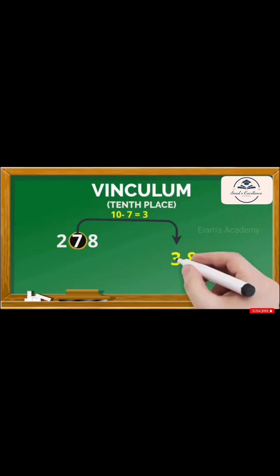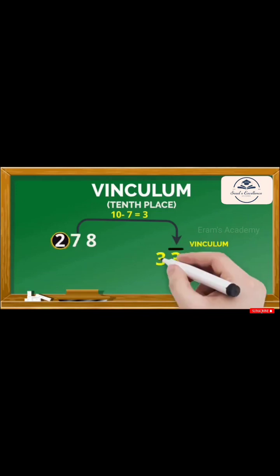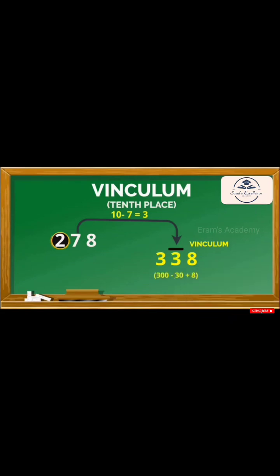We write 3. We put a bar above 3, which denotes vinculum. Then we take the 100's digit's consecutive number, so 2's consecutive number is 3, we write 3. So this means 300 minus 30 plus 8, which is equal to 278.